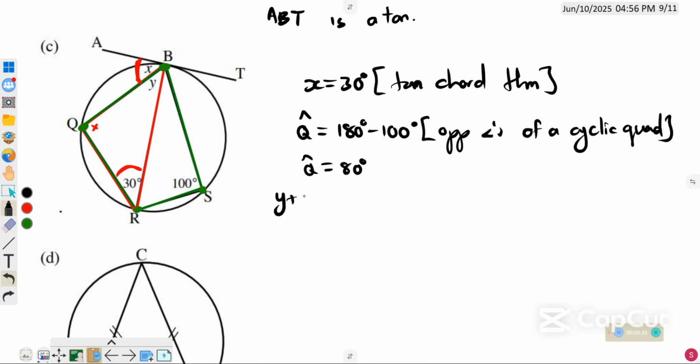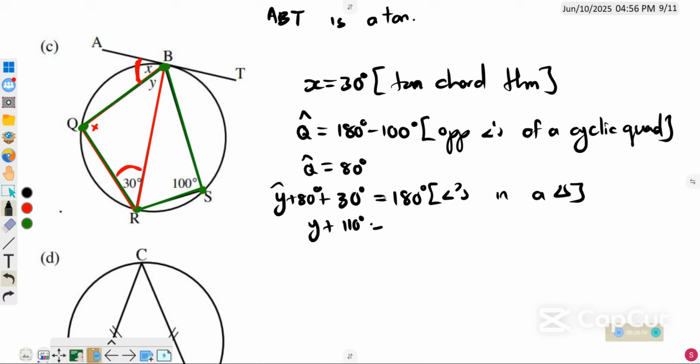Remember, y plus 80 degrees plus 30 degrees should give us what? Should give us 180 degrees. Angles in a triangle. Right, then we have that y plus this, which is 110 degrees, should be equal to 180 degrees. So y is equal to 70 degrees in the end.